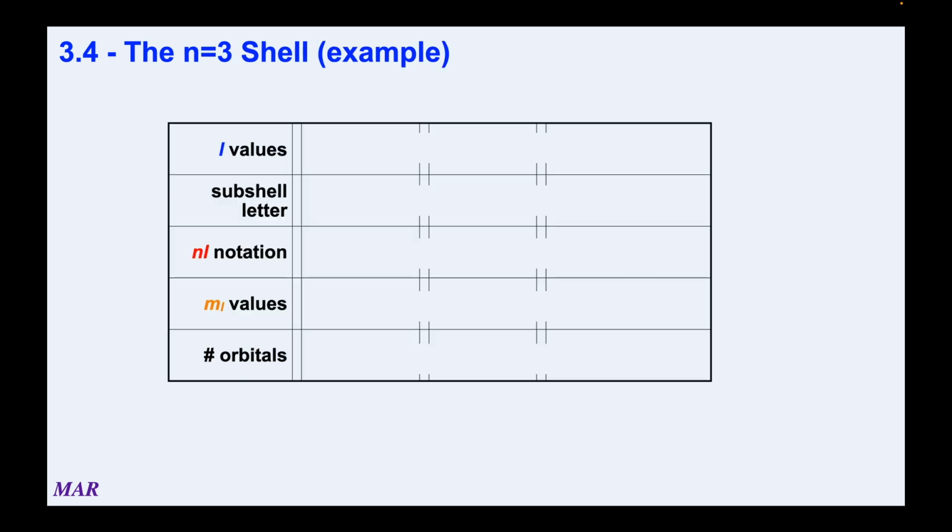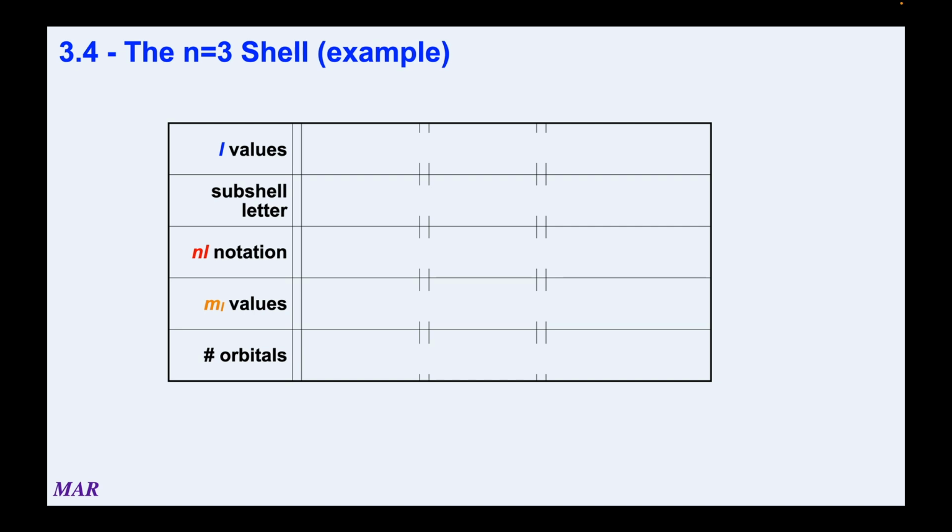Let's do an example where we want to figure out the different quantum numbers for the n equals 3 shell, okay? So we're starting with n equals 3, and we want to find L, the subshell letters, the NL notation, the m sub L values, and the number of orbitals. And this will be a good idea to show the different things we've talked about so far. So first of all, when n equals 3, L values go from 0 up to n minus 1.